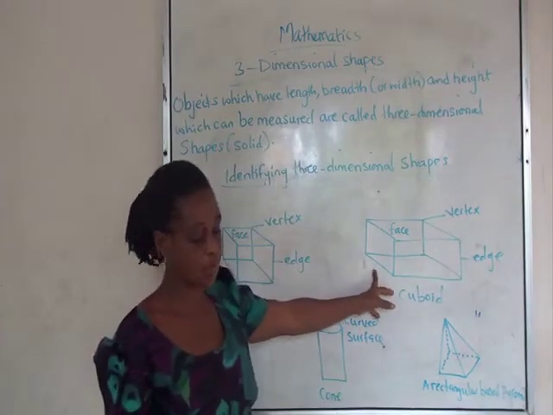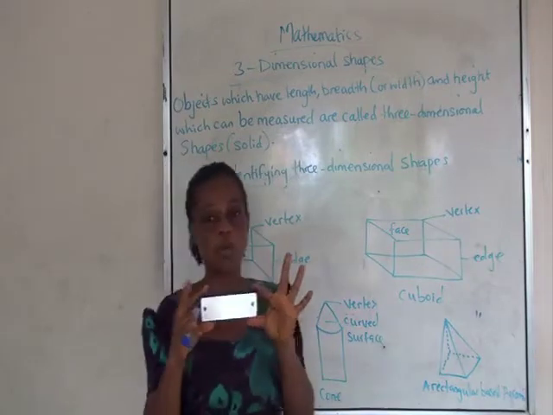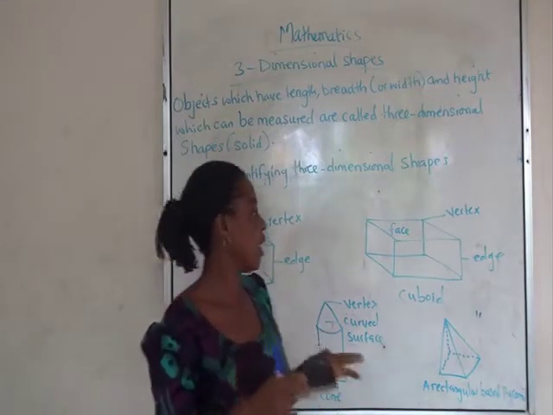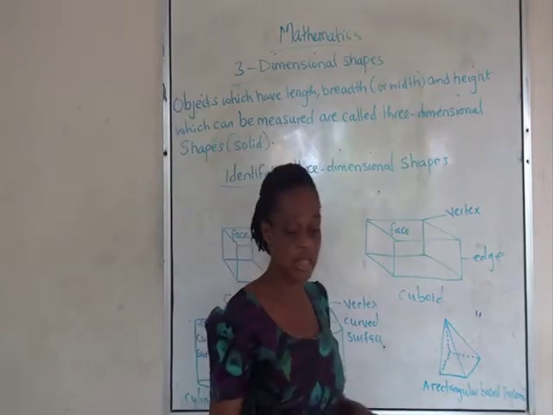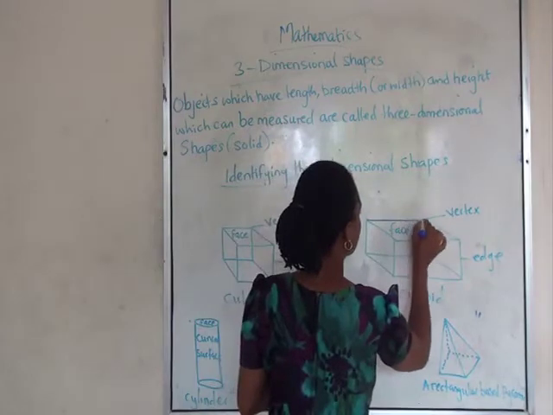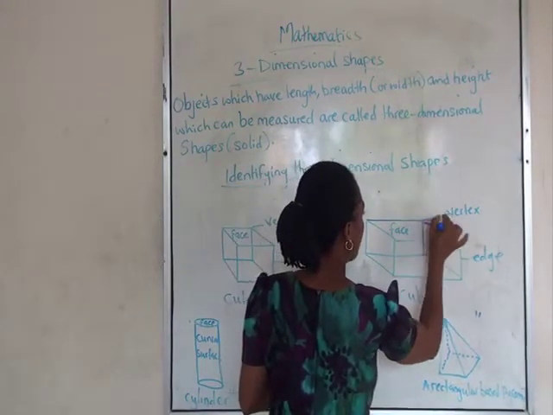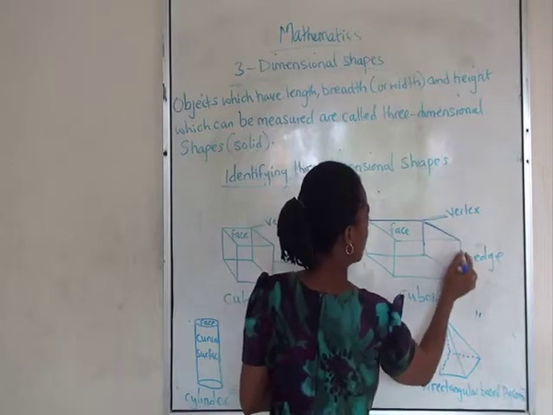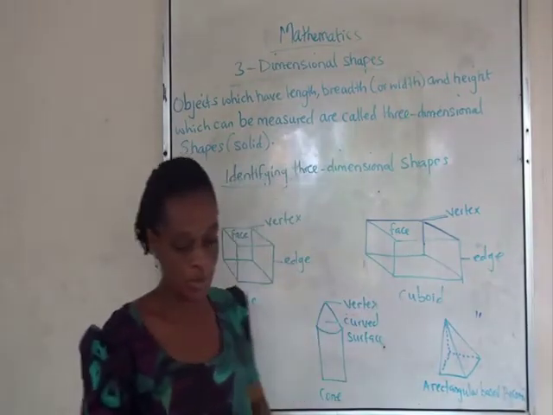Same to that of a cuboid. This duster I'm holding is an example of a cuboid. In the cuboid, you have the face, you have the vertex. I said the vertex is where two lines meet. This meeting point here is what is called the vertex, while the edge here is the side of the cuboid.